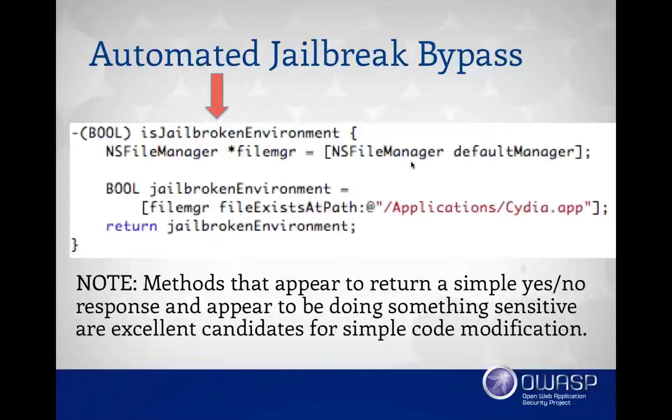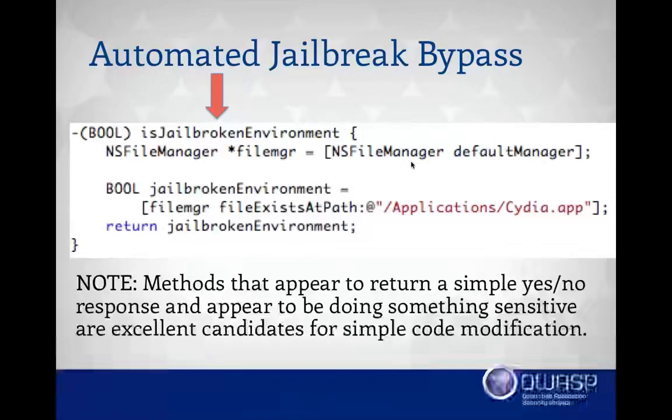If it's doing something sensitive and returning a yes or no, then I, as the attacker, can force that method to always return true or always return false regardless, and this is an excellent candidate for modification. So here, we can inject code, or do something as simple as method swizzling in order to bypass the jailbreak detection algorithm.